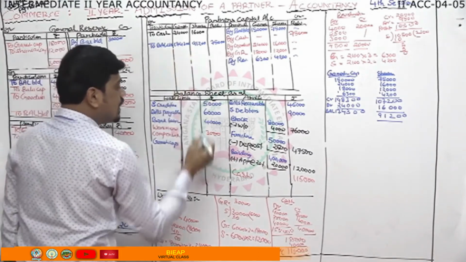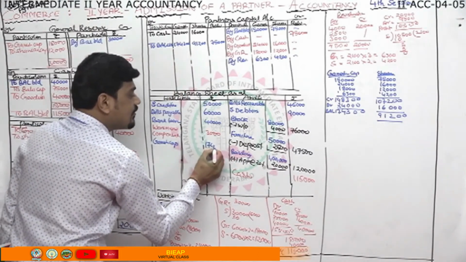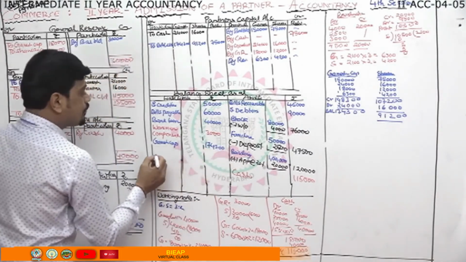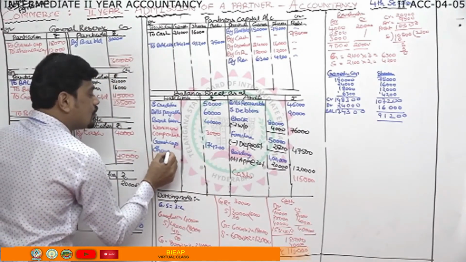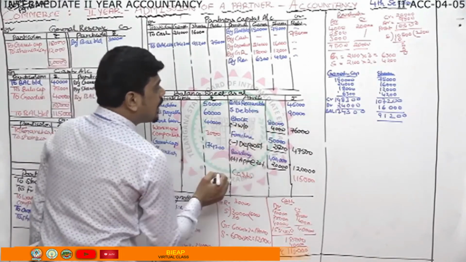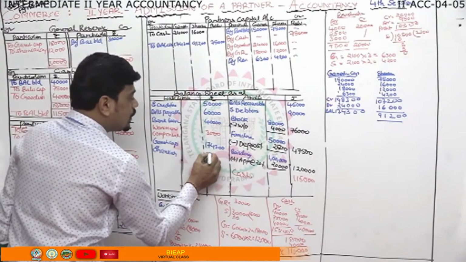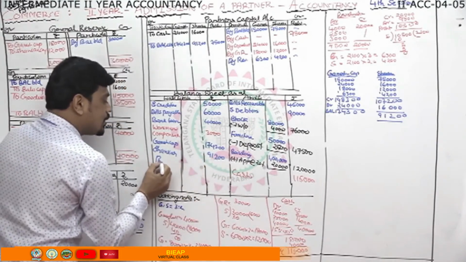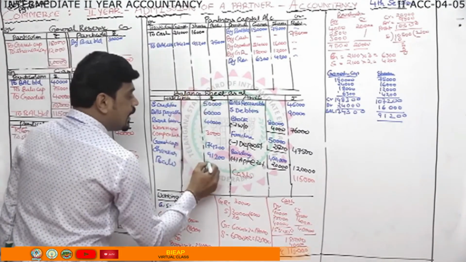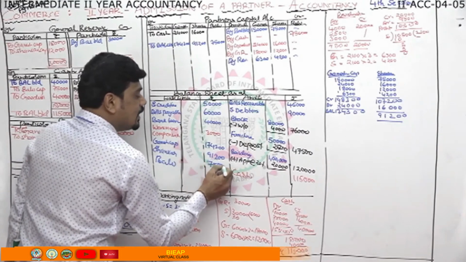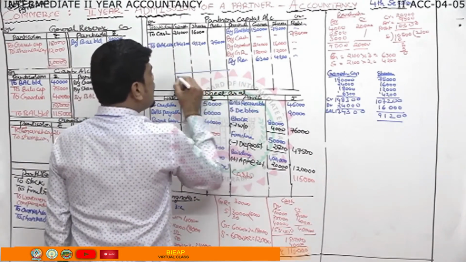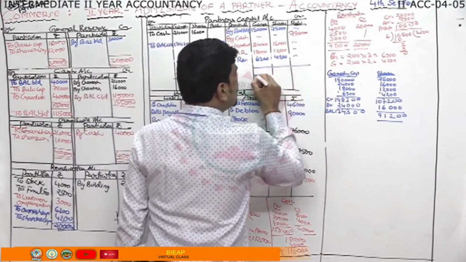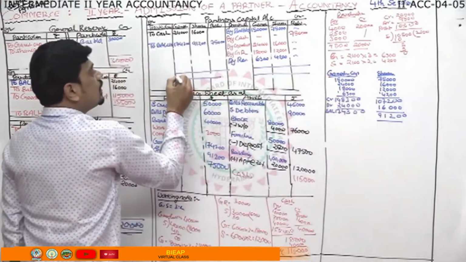Don't write the total. We'll write the balance, 1,74,300. Then Shankar. Generally, the students commit the mistake of writing the total. No, we are supposed to write the balance. Keep in mind. And Balu, 75,000.